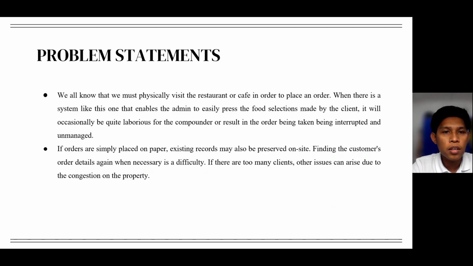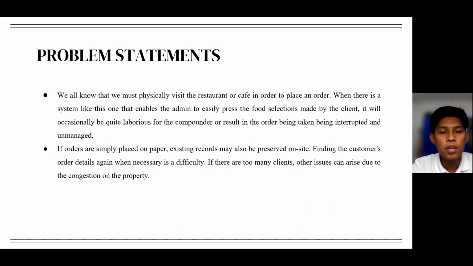Next, I will talk about the problem statement of my system. We all know that we must physically visit the restaurant or cafe in order to place an order. When there is a system like this one that enables the admin to easily press the food selection made by the client, it will occasionally be quite laborious for the staff or result in the order being interrupted and unmanaged.